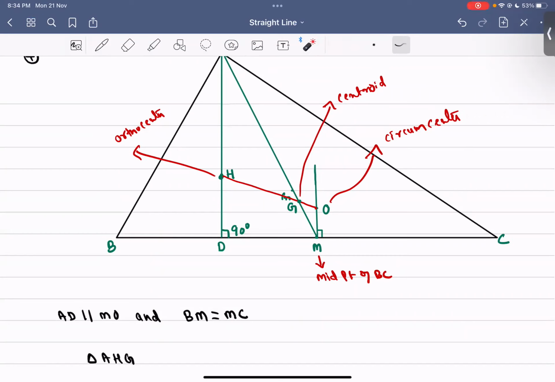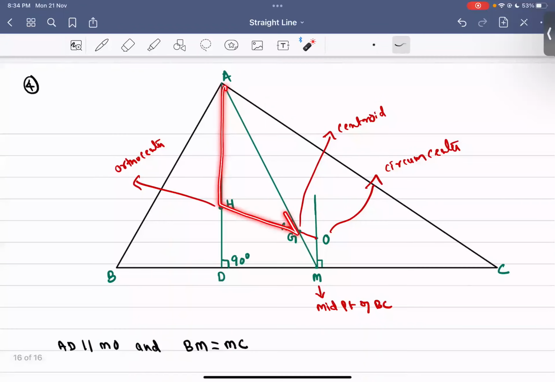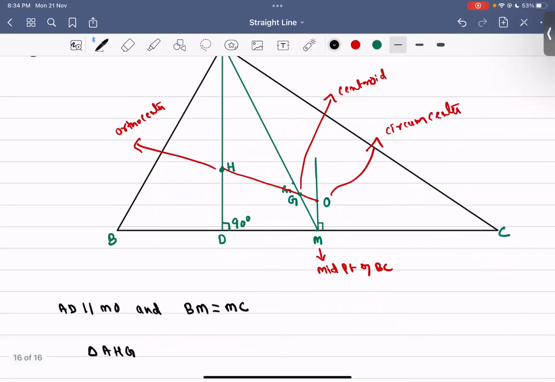Next, from this diagram, triangle AHG and MOG. These two triangles are similar or not? These two triangles are similar. Triangle AHG is similar to triangle MOG.